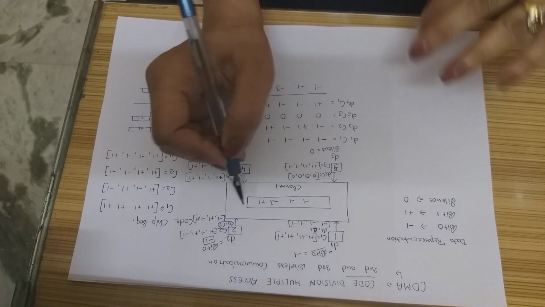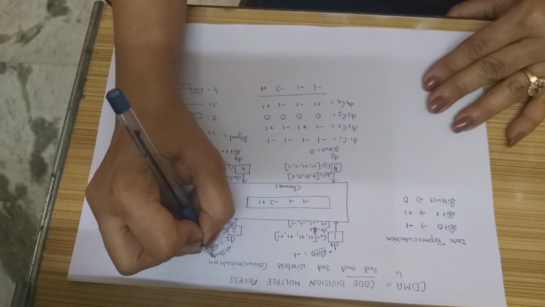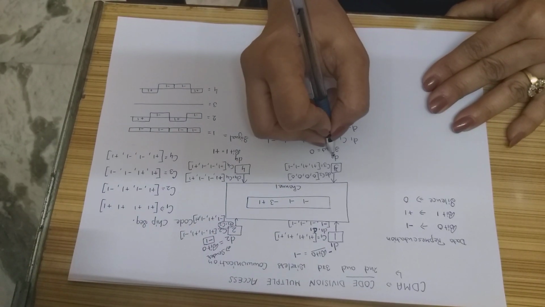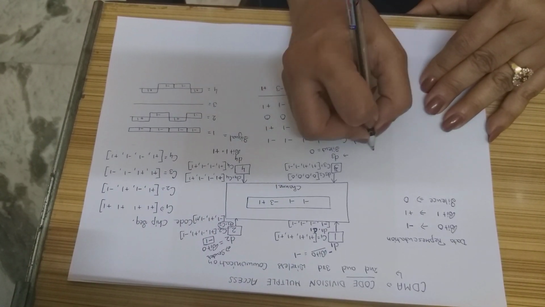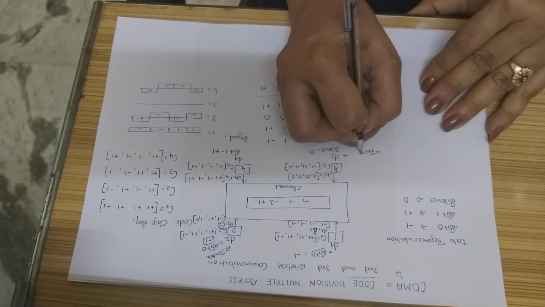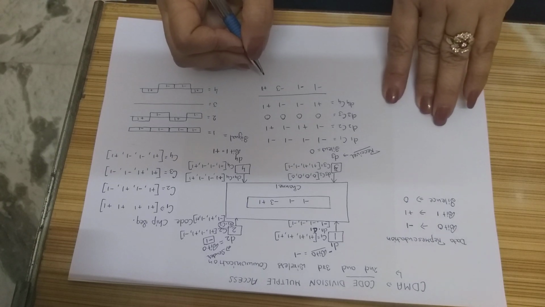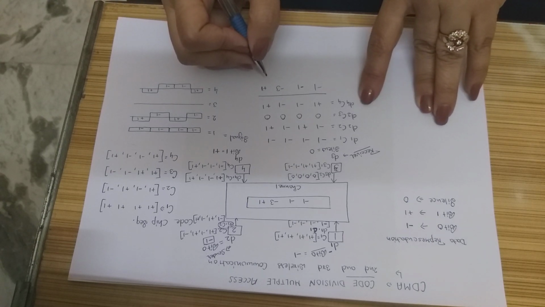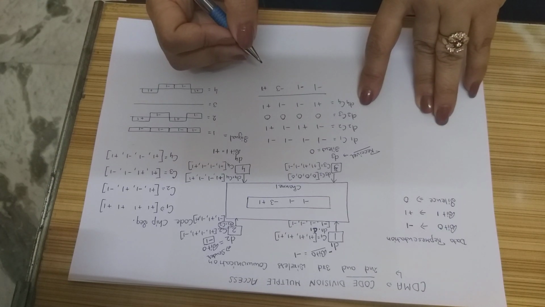Now we say that D2 is the sender and my receiver is D3. So how can we get the value, or what type of data are we going to send?